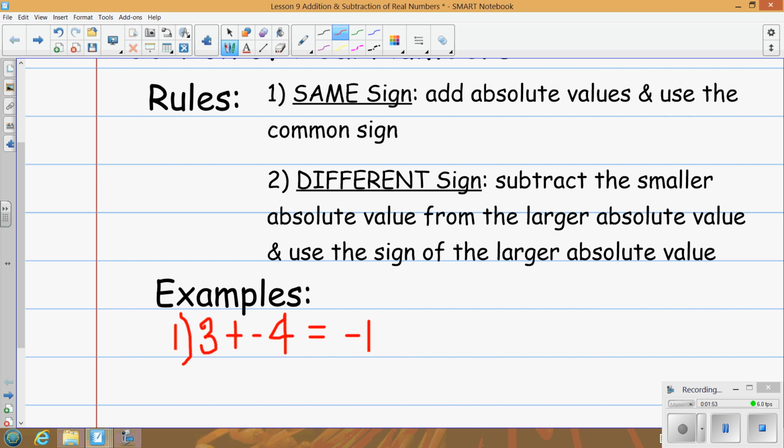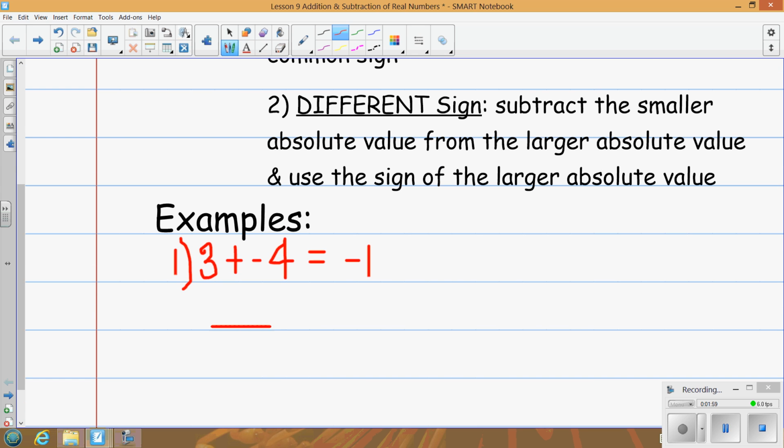On a number line, to visually show you what this means. So if I had a number line and I had, let's say, 0, 1, 2, 3, 4, and then I'm going to go negative 1, negative 2, negative 3.